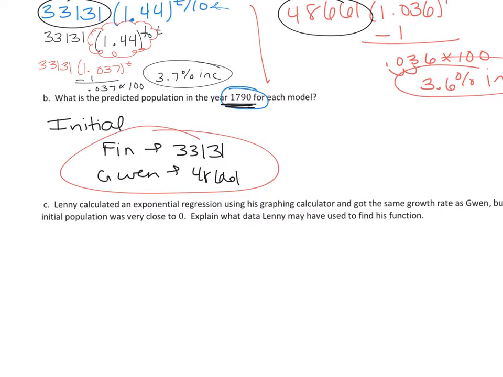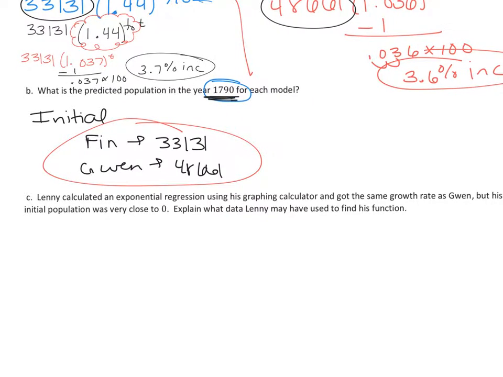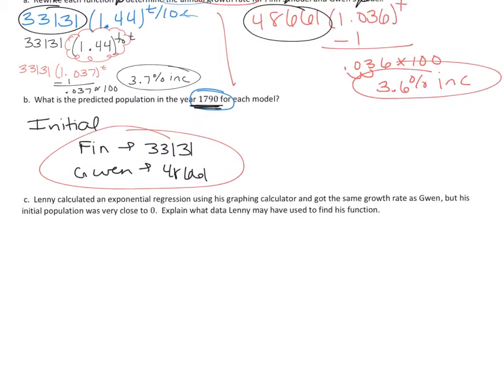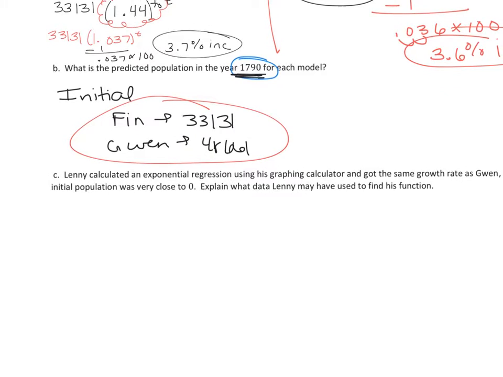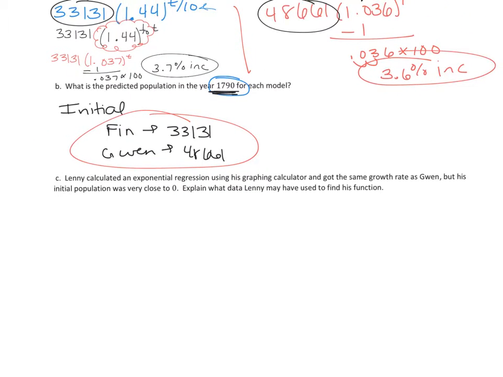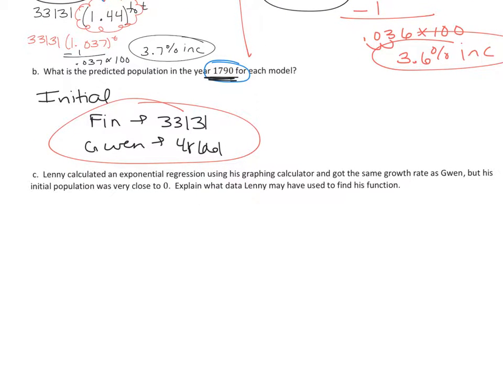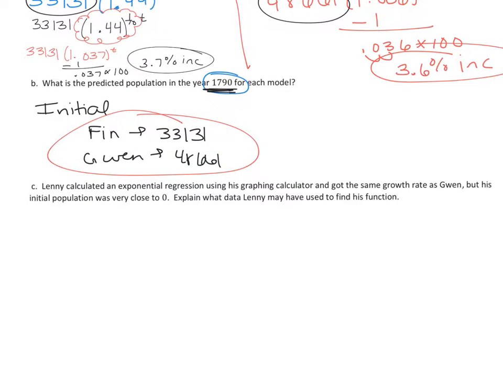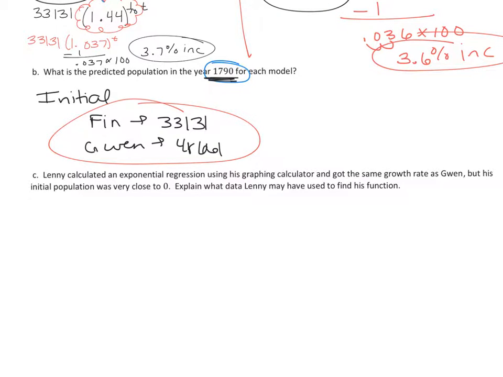Now the bottom part says Lenny calculated an exponential regression using his graphing calculator and got the same growth rate as Gwen, but his initial population was very close to 0. Explain what Lenny might have used to find his function. Now, the only problem I can think that Lenny did was, if you remember back in the do now, I told you to use the initial year as year 0.